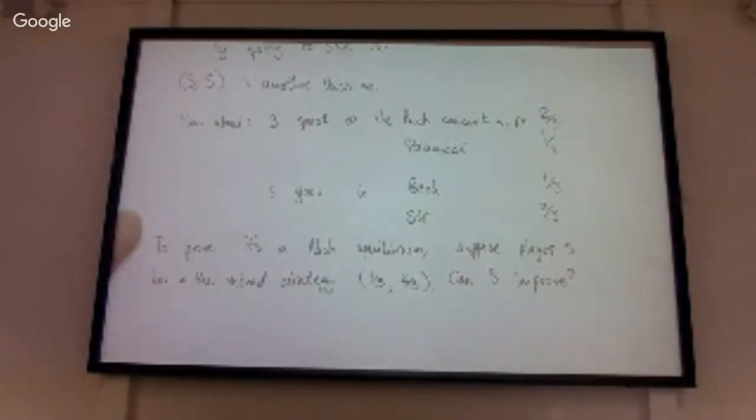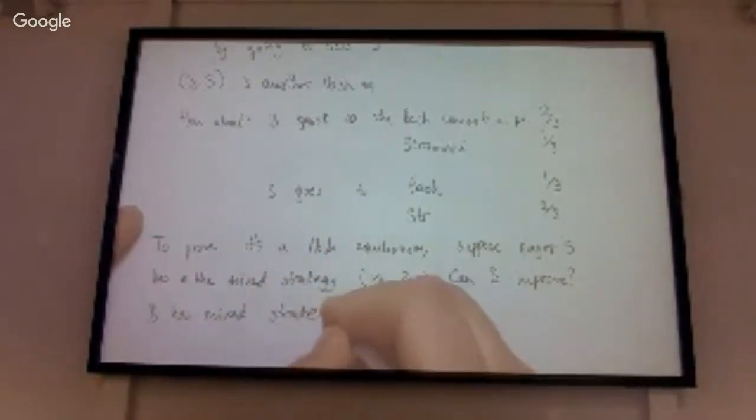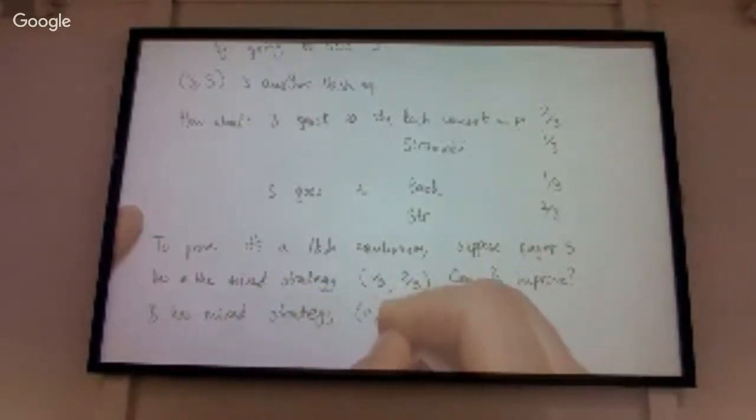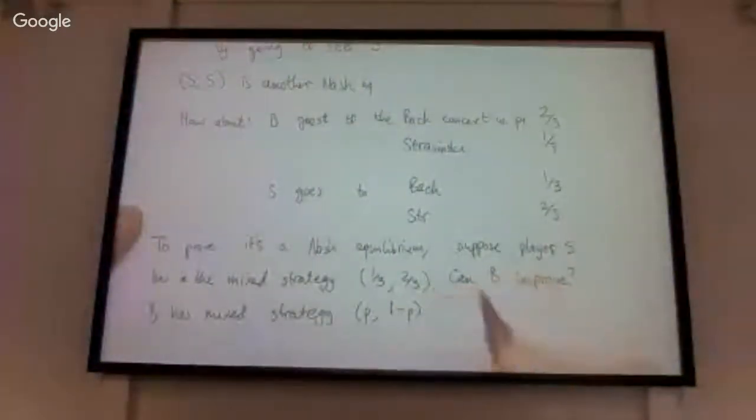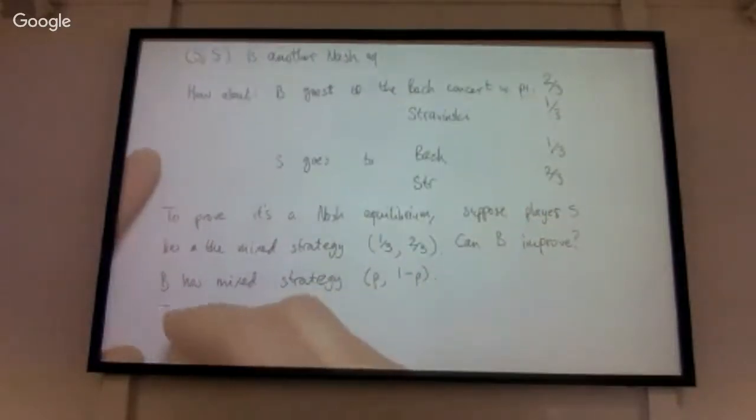So let's say the other player has P and 1 minus P. So with probability P, they will go to see Bach, and with probability 1 minus P, they're going to see Stravinsky. What is the expected payoff? Okay, so the expected payoff.